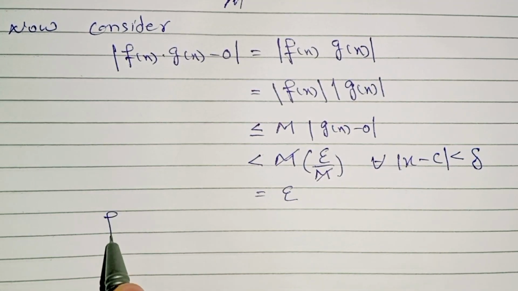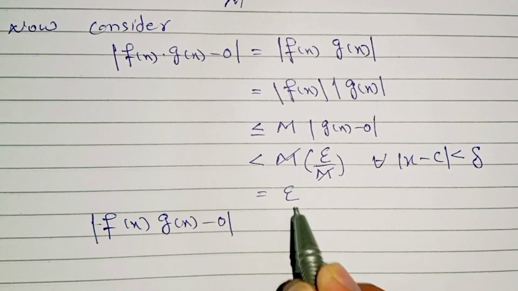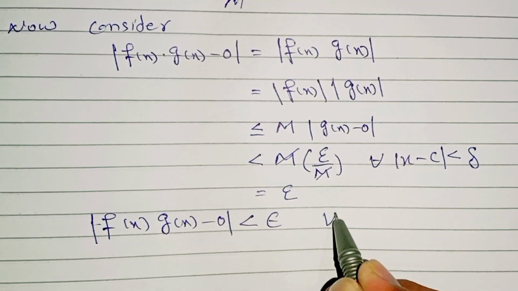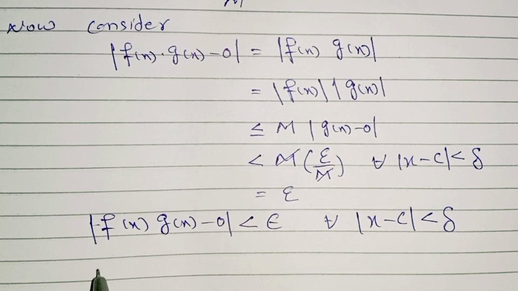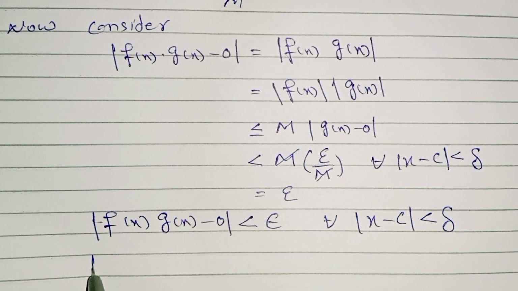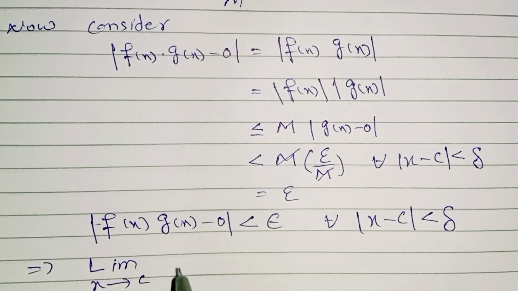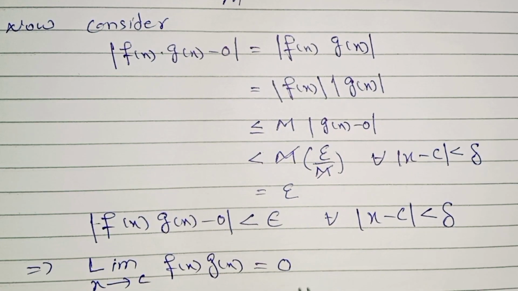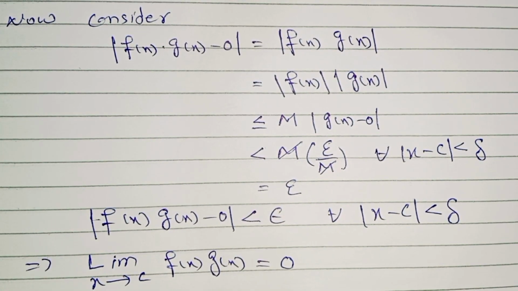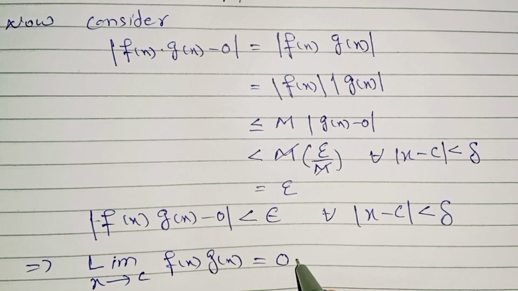So we have shown that |f(x)g(x) - 0| is less than epsilon for all |x - c| less than delta. Therefore this implies that limit x approaches c of f(x)g(x) is equal to 0. By definition we have shown that limit x approaches c of f(x)g(x) is equal to 0 as required.